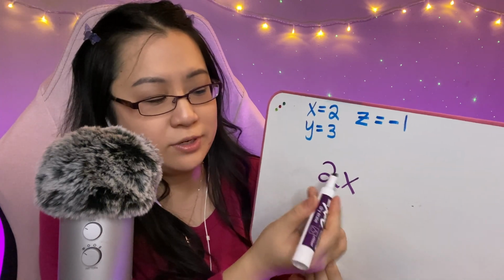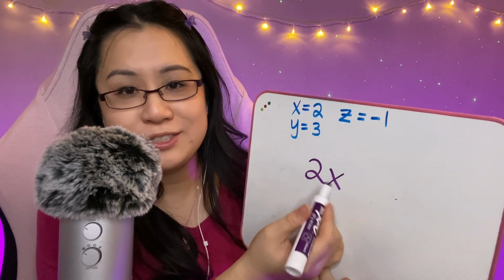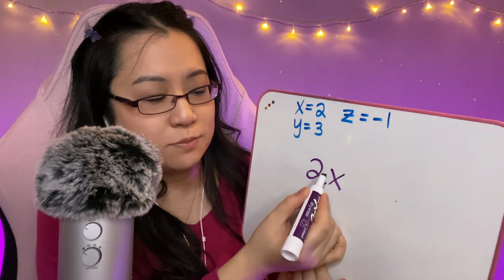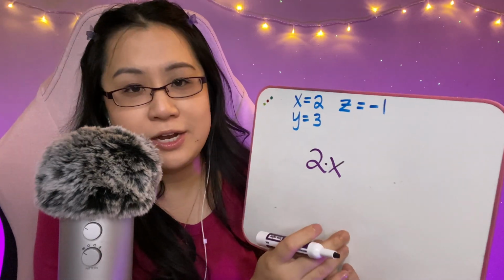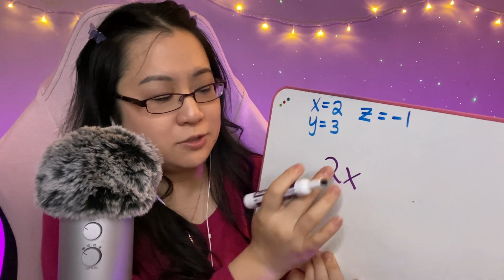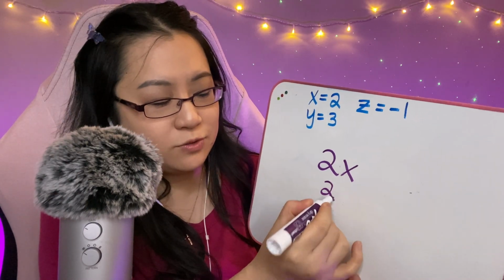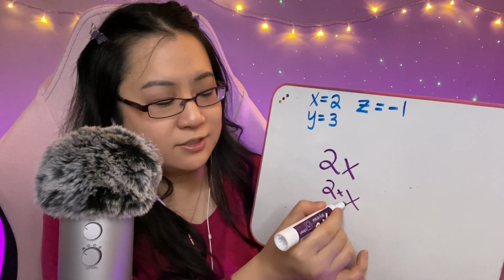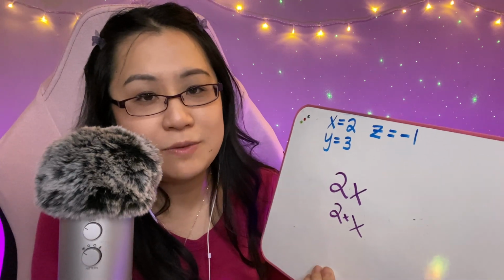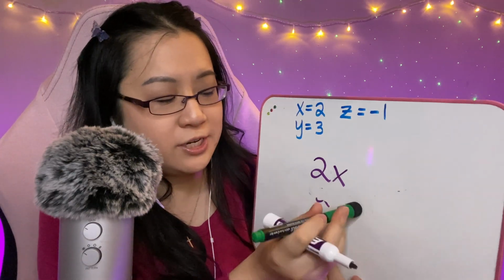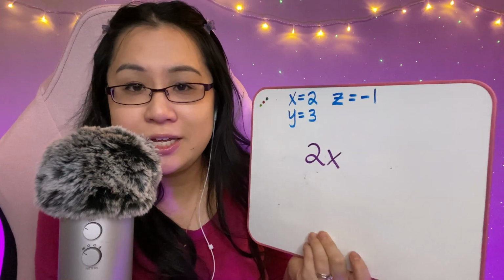When I have a number squished together right next to a variable like this, it's multiplication, right? And we've talked about this before. In algebra, we start just squishing them next to each other because if I wrote 2 times x, well, for one, that gets really confusing, but also we're not doing arithmetic anymore, so we no longer need to write multiplication like that.